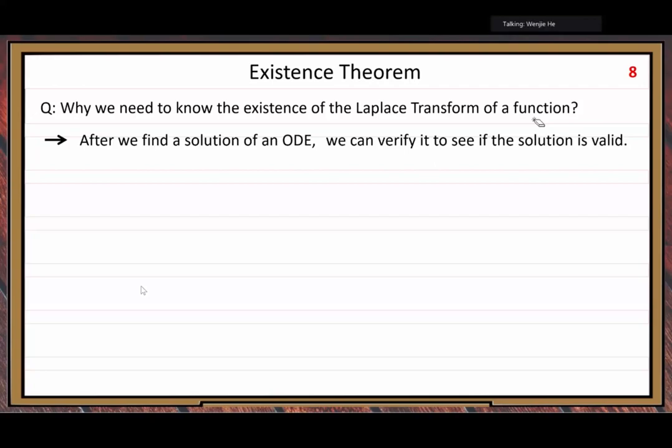You get something that could be a valid solution, or it may not be. But you can verify it all the time, right? After you get something, if it's not a valid solution, then you plug in and you can find it out. So that's the argument.